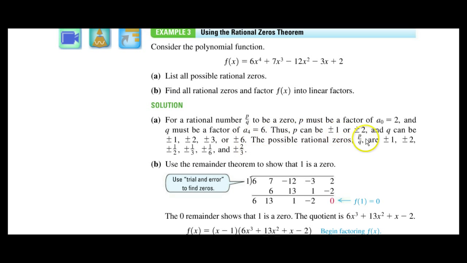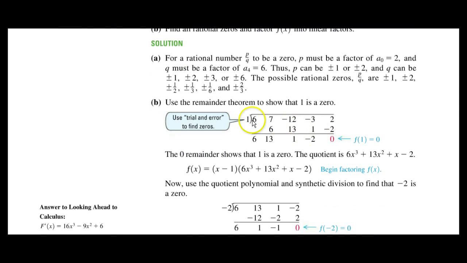And if we have it this way, we could also possibly have some fractions that they're describing here. And then we're going to use the remainder theorem to show that 1, through trial and error, is a 0.